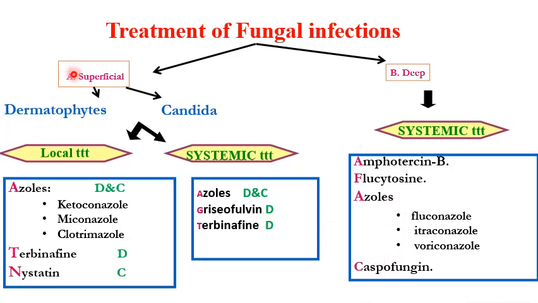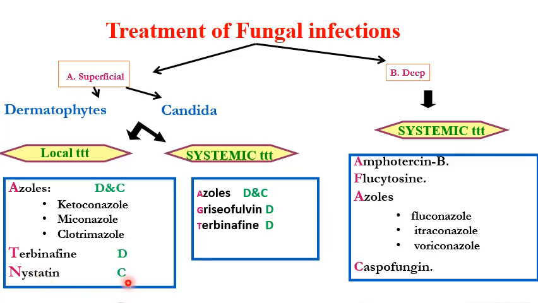And for superficial fungal infection, dermatophytes and candida, topically we use azoles like ketoconazole, miconazole, clotrimazole, terbinafine and nystatin. Terbinafine and azoles are also used systemically for superficial fungal infection, and griseofulvin for tinea. Griseofulvin for tinea, terbinafine for tinea, azoles broad spectrum. The only drug used for candida is nystatin.